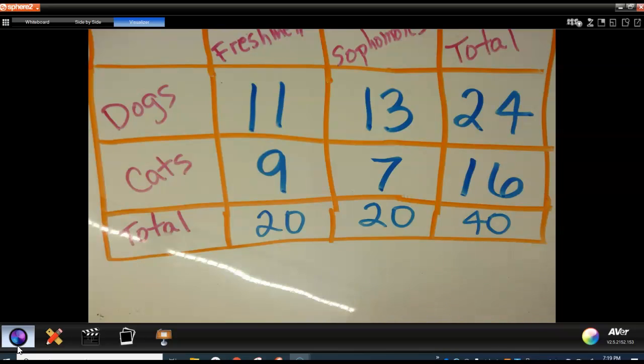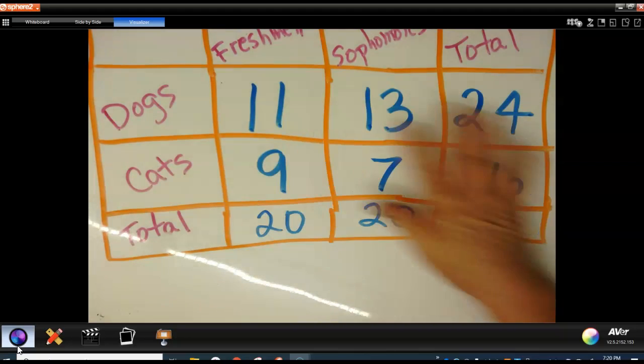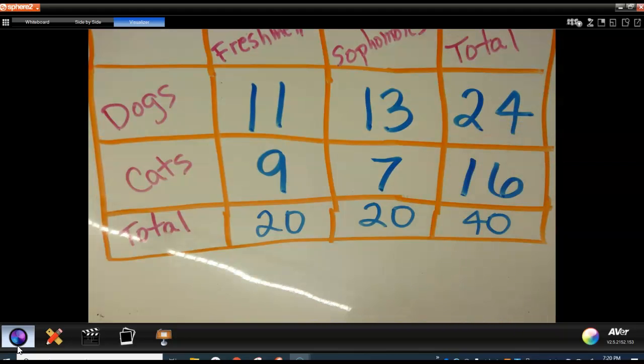Hopefully, you said no, because there's nothing in this data that points to whether freshmen or sophomores are more likely to own one type of pet over another. However, which pet choice is more popular? Dogs, of course.